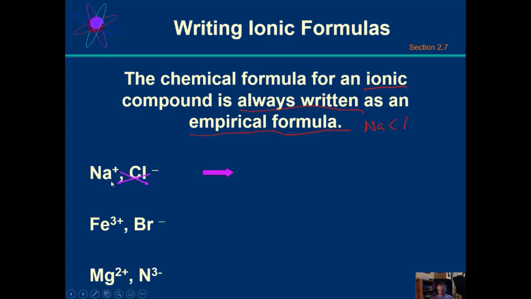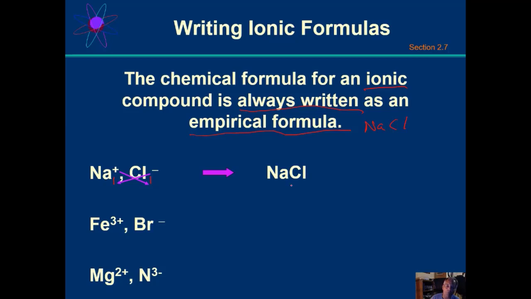That's what I'm doing. There is an implied 1 here and an implied 1 here. And we never write the 1s as subscripts, only if it's greater than 1. So the formula for sodium chloride is simply NaCl, understanding that there's a 1 here and a 1 here.